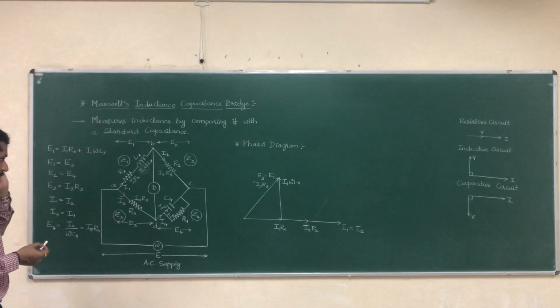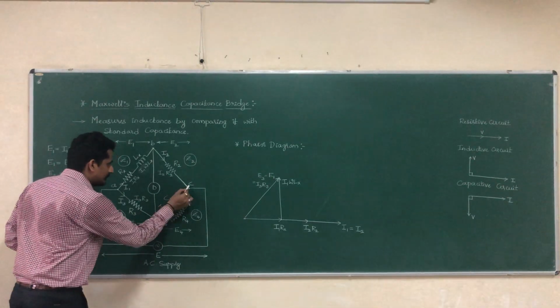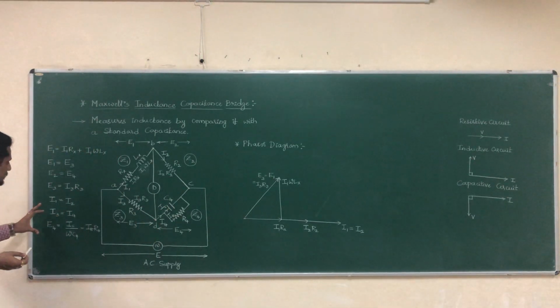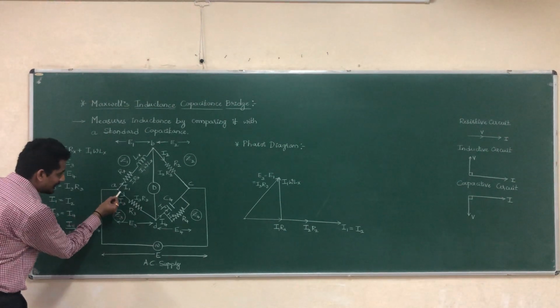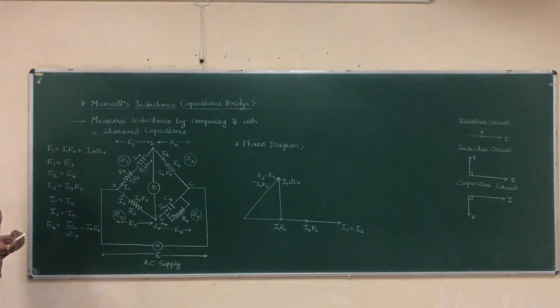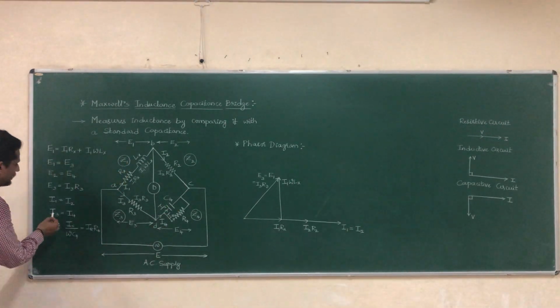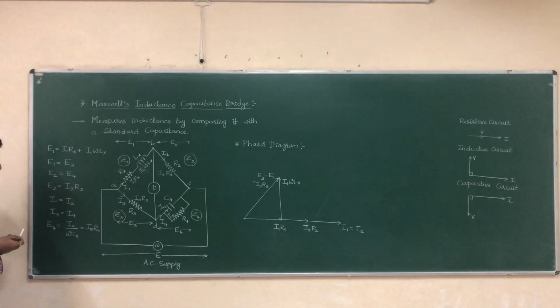Now, next, coming on to this path. Whatever current is flowing here is flowing to the arm CD, so I3 will be equal to I4.